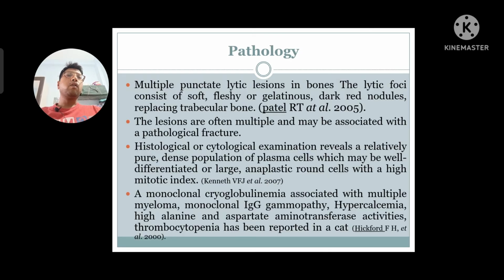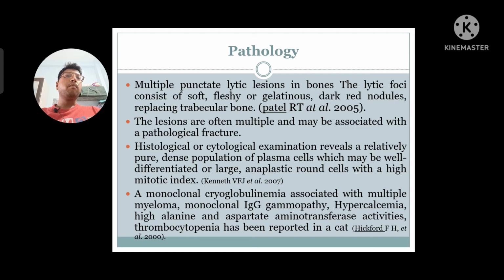Now coming to the pathology. As we already know, the production of paraproteins leads to organomegaly, and the production of different types of cytokines leads to lytic bone disease. In the pathology, there are multiple punctate lytic lesions in the bone. The lytic foci consist of soft, fleshy or gelatinous dark red nodules replacing trabecular bone.